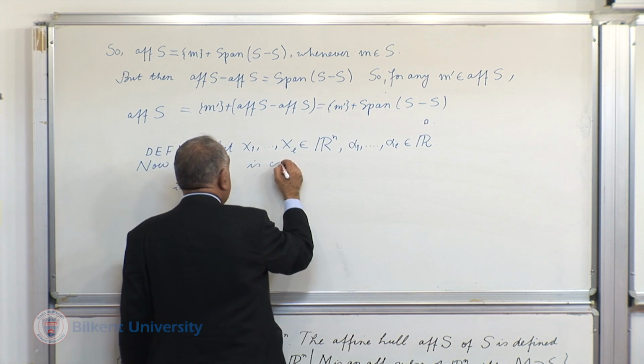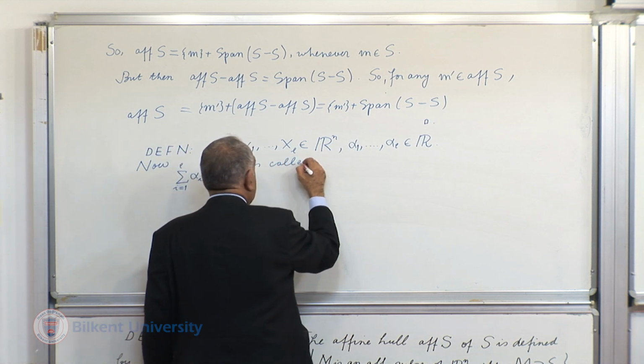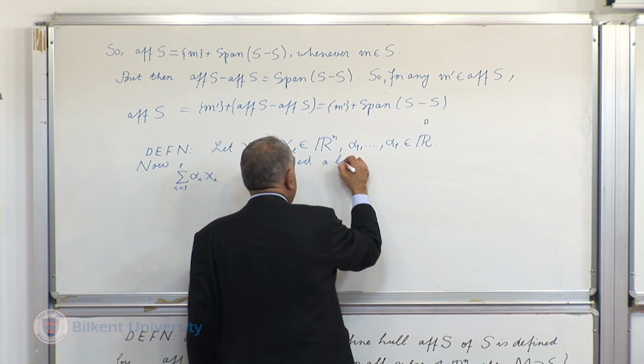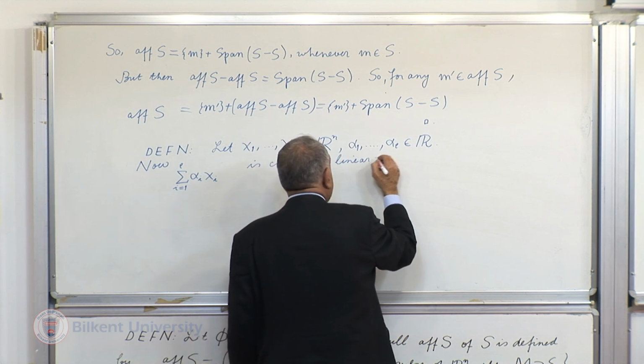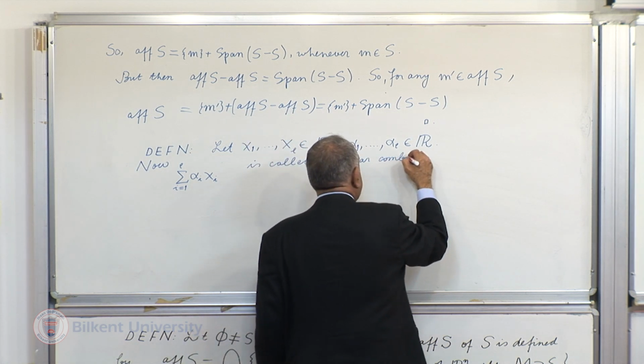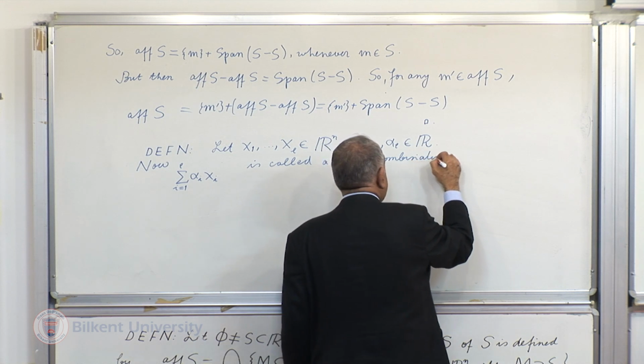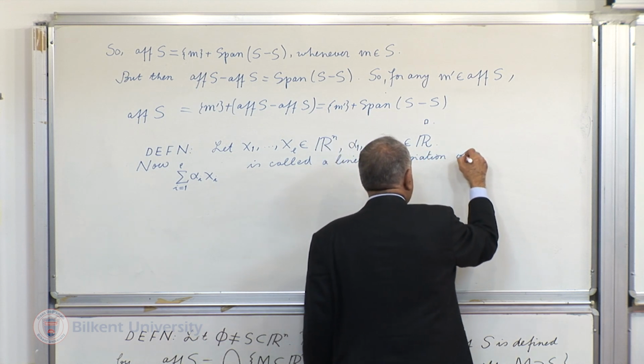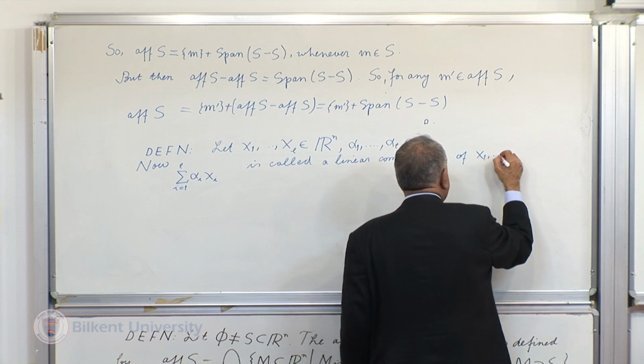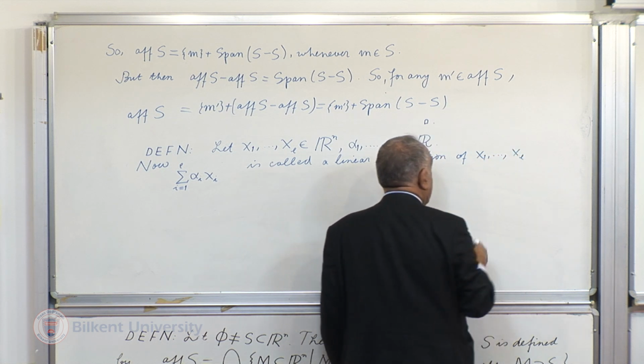It's called a linear combination of x1 to xl.